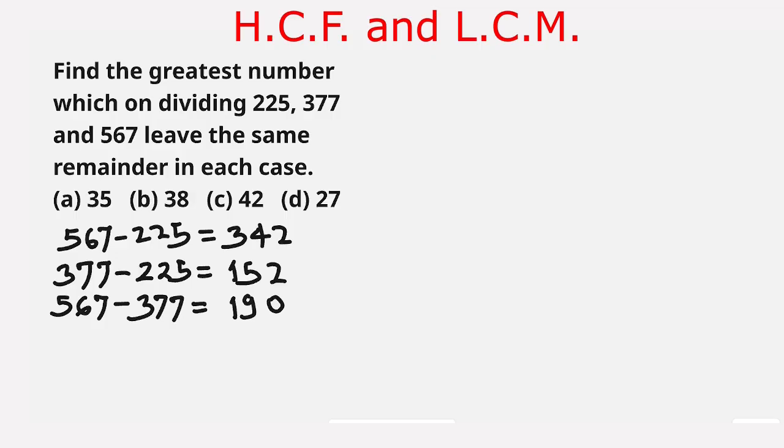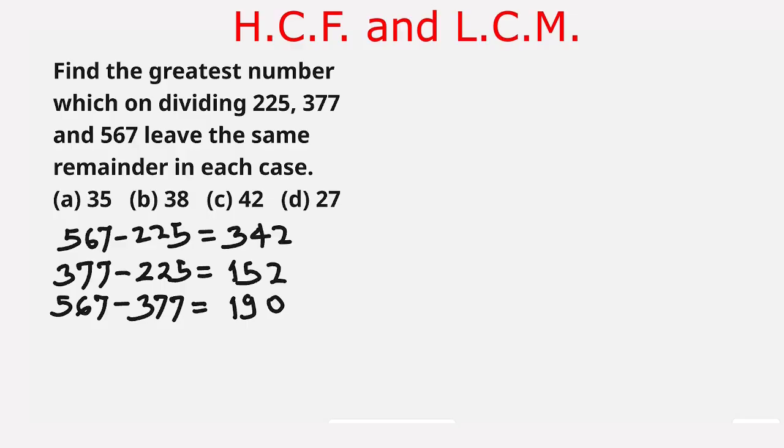Now we have to find the HCF of 342, 152 and 190. On observing these numbers, we find that the difference of 190 and 152 is 38, and 38 is one of the options given to us in the given question.